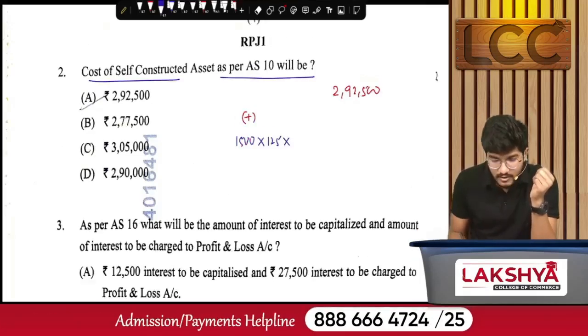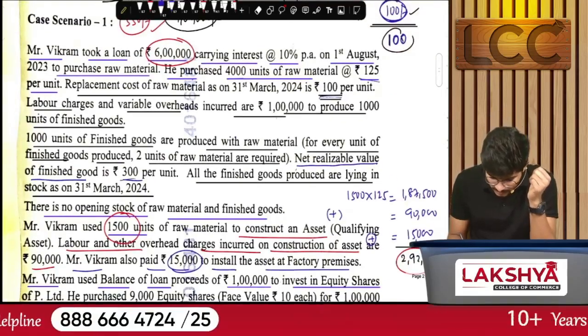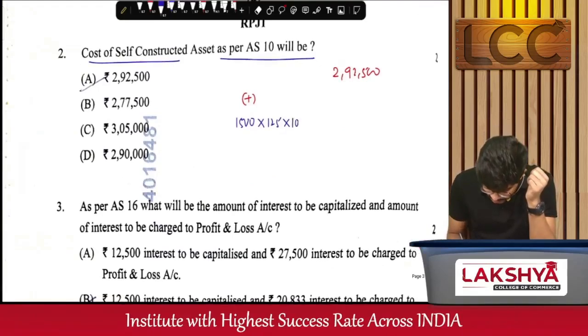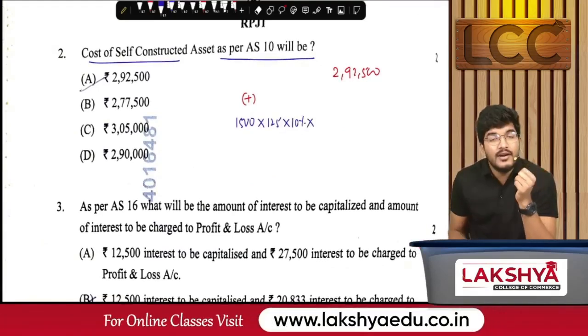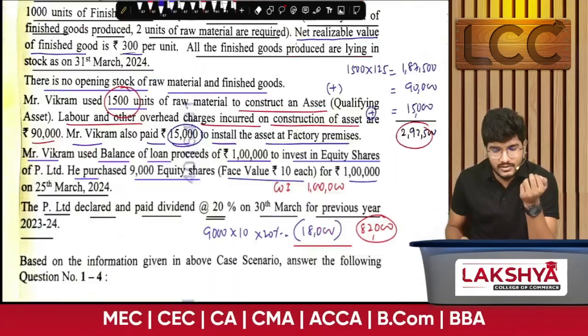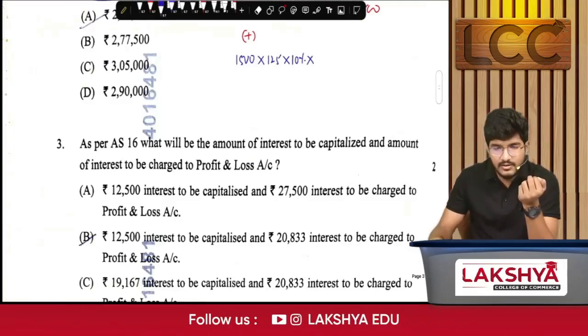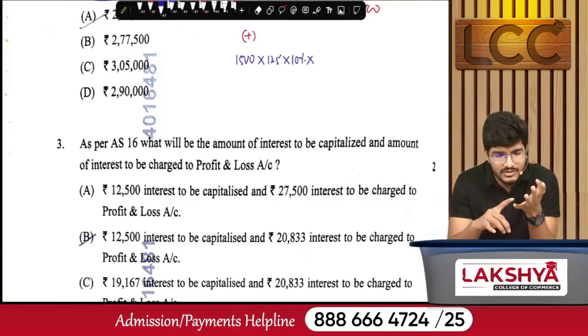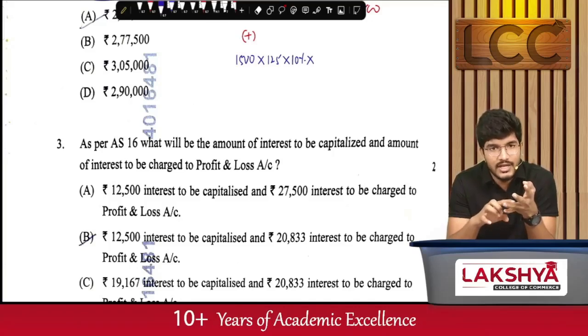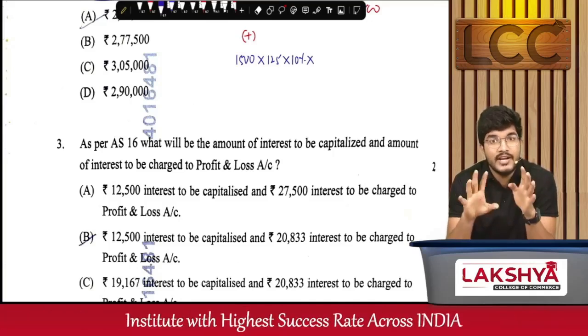And on that loan, the interest rate charged by the loan provider is 10% per annum. And the loan was taken on 1st August. Now the year end is 31st March. From 1st August to 31st March: August, September, October, November, December, January, February, March. It is around 8 months.